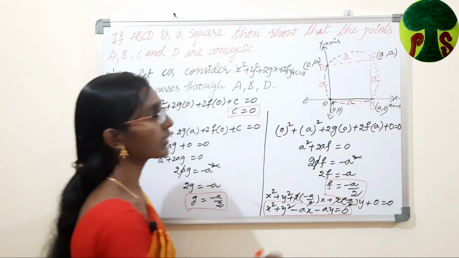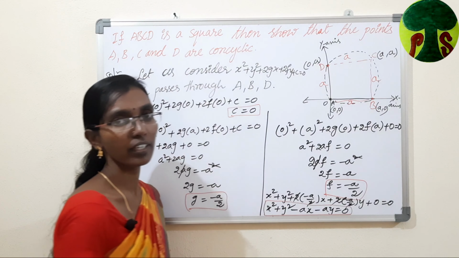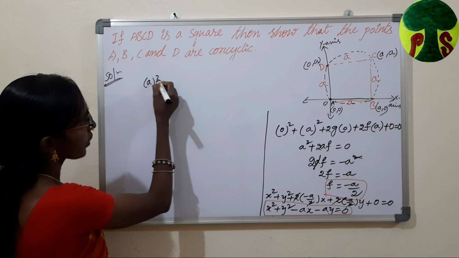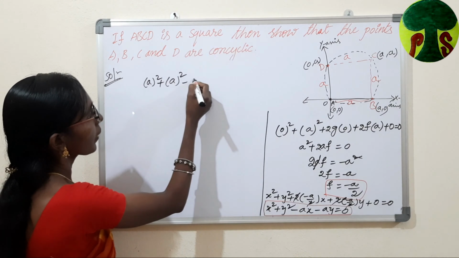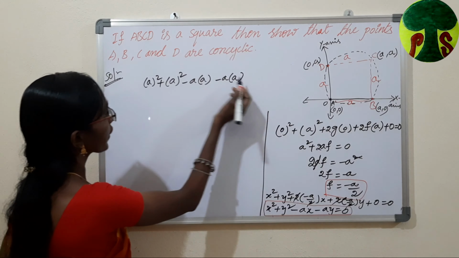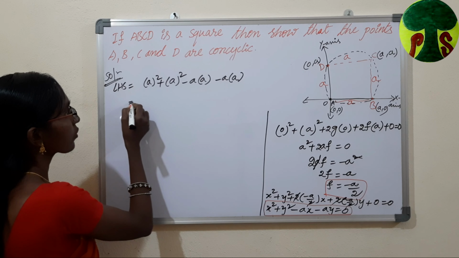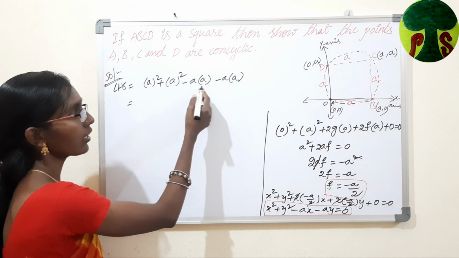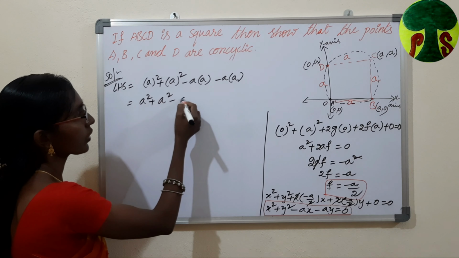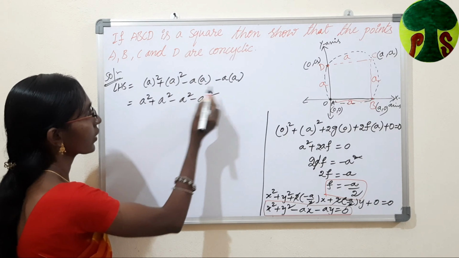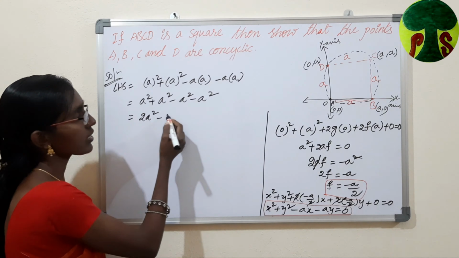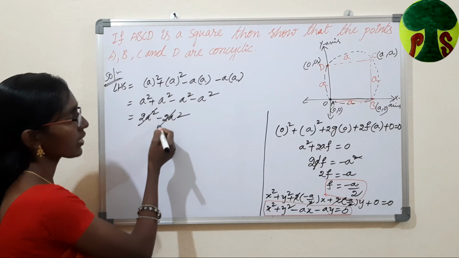Now we have to prove that point C lies on this circle. We substitute C, a comma a, in the equation of the circle. So a square plus a square minus a into a minus a into a. This is the LHS. LHS equals a square plus a square minus a square minus a square, which is 2a square minus 2a square, so it gets cancelled.